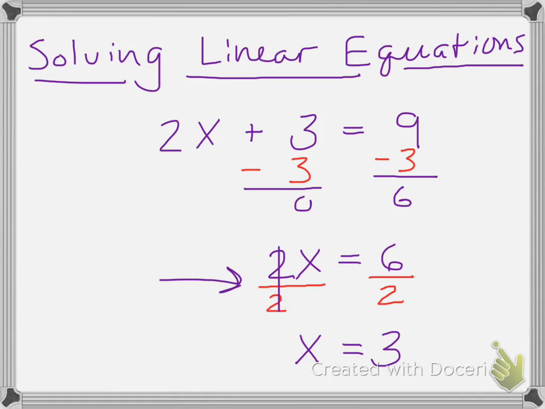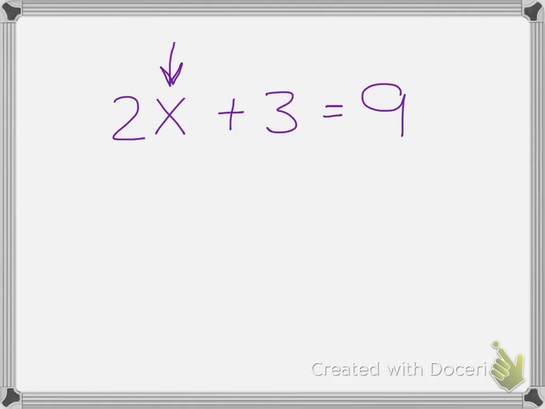The next thing I need to do is check the problem. So I'm going to start out with the same 2x plus 3 equals 9. And we said that the value of that x was 3. So I'm going to plug that 3 right here in the equation where the x used to be.